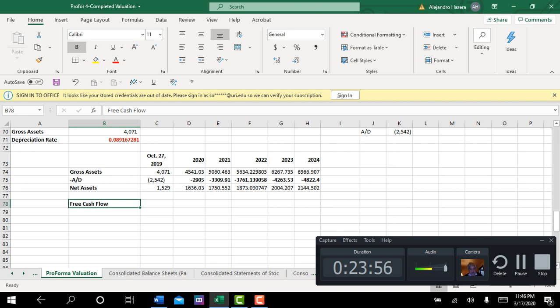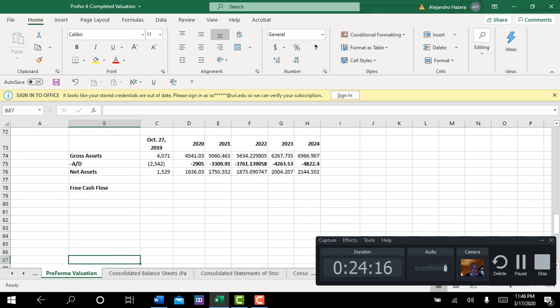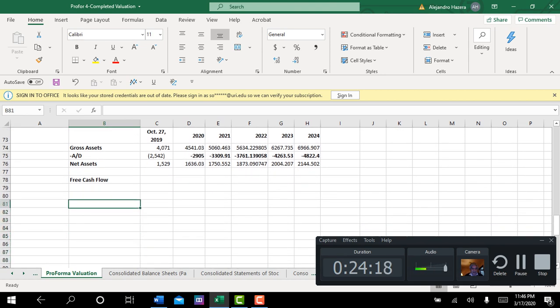As you may be able to guess, your depreciation expense is the difference between all these accumulated depreciation numbers, and your capital expenditures are the differences between all these gross asset numbers. We're assuming that they're going out and buying gross assets. Okay, so here's what we're going to do. We're going to do it like the slightly changed depreciation, free cash flow calculation that I did in the basic calculation in the first video.